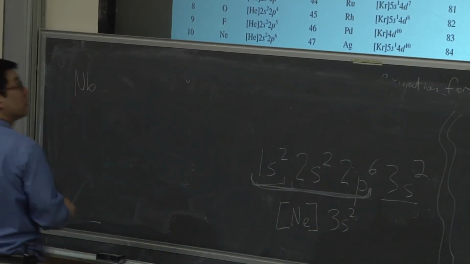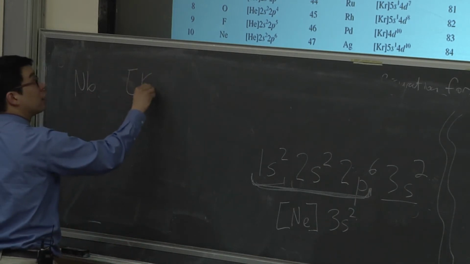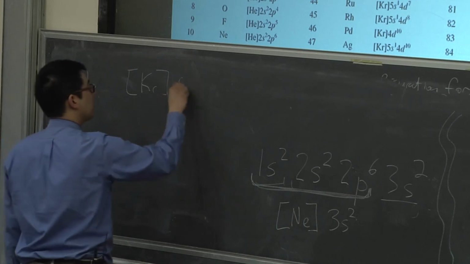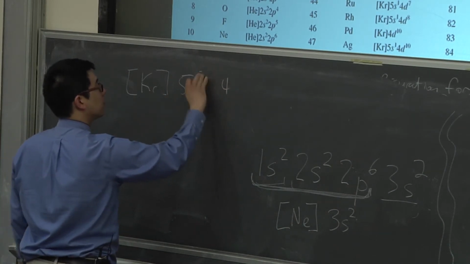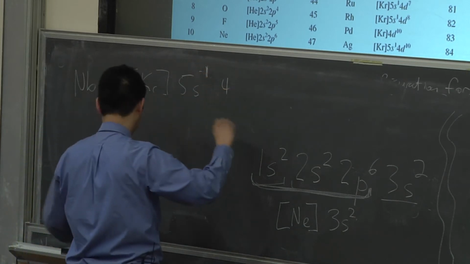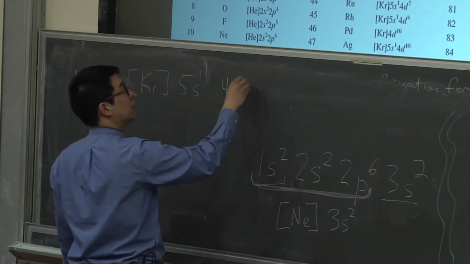Nb, niobium. The abbreviated electron configuration is Kr, and then 5s1, 4d4.